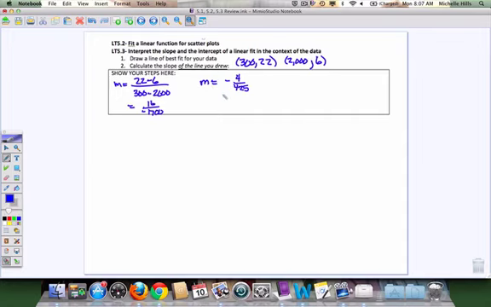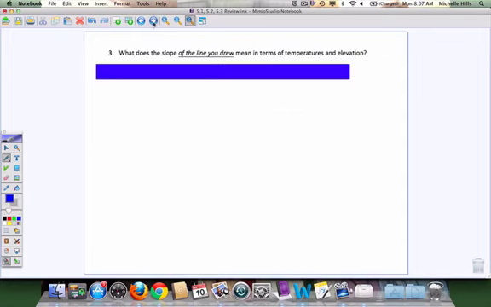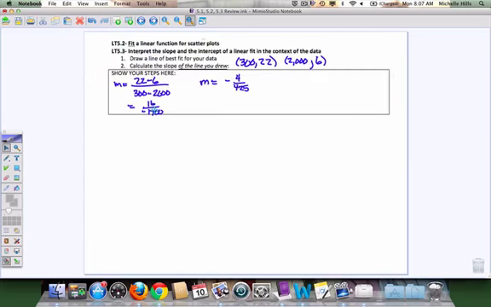Now, all they wanted me to do in this box was to calculate. Now it says, what does the line slope mean? Well, if I think about it, the change in x, which is the bottom, is my change in elevation. The change in y, which is the numerator up here in the top, is my change in temperature.